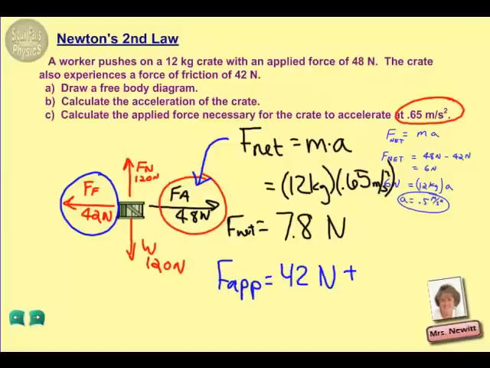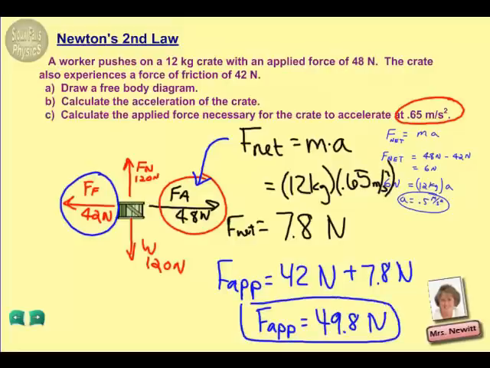So if we need an additional 7.8 newtons, that's the extra force that will cause the acceleration, we find that our new applied force is going to be equal to 49.8 newtons. With that amount of applied force, then the net force will be sufficient to give us an acceleration of 0.65 meters per second squared.